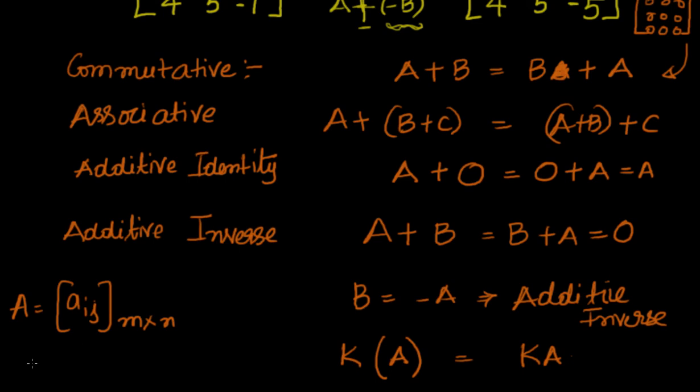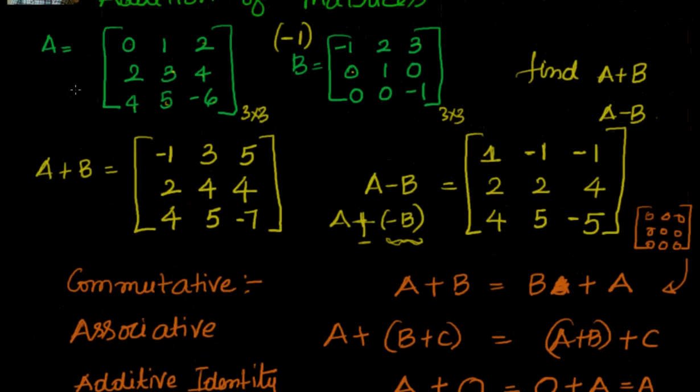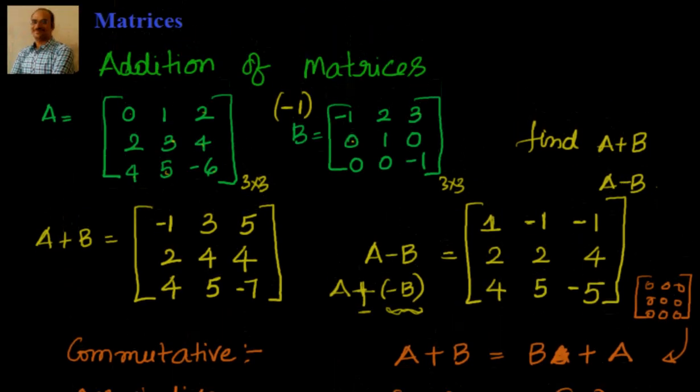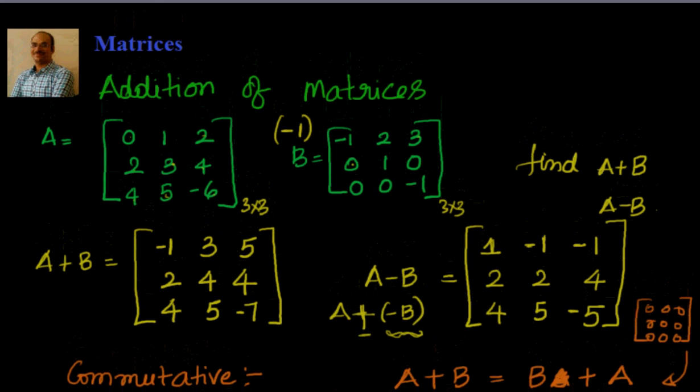Then K, a variable, multiplied with all the elements means multiplying each element of A with that K. If you are saying 2A, 2 into A is nothing but multiplying each element of A with 2. That's the meaning of scalar multiplication. You just multiply each element of the matrix with that number.